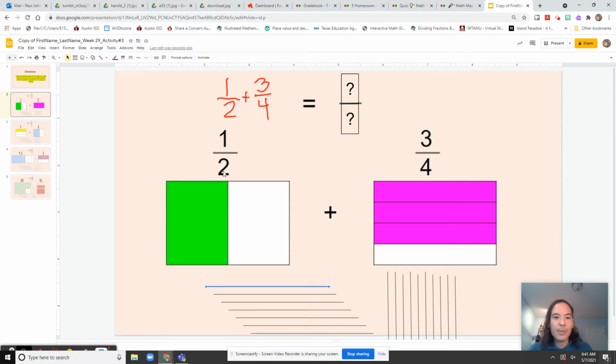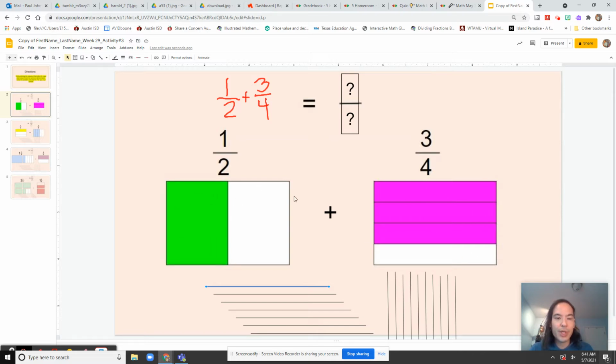All right, so we want to make sure that both of these fractions are cut into 4 pieces. All right, so here's what we're going to do. We are going to make the half into 4 pieces. All right, so you can see there's 3 out of 4 shaded over here.